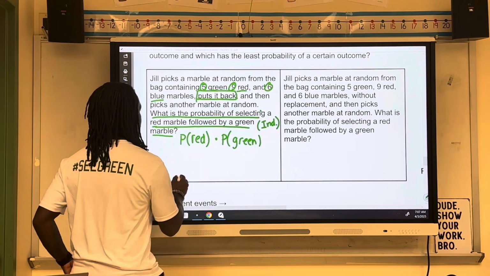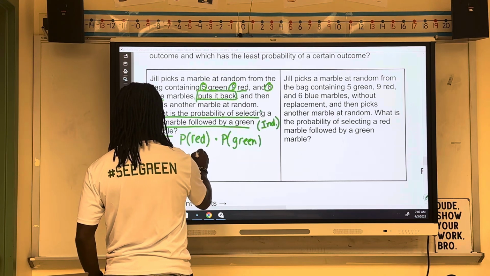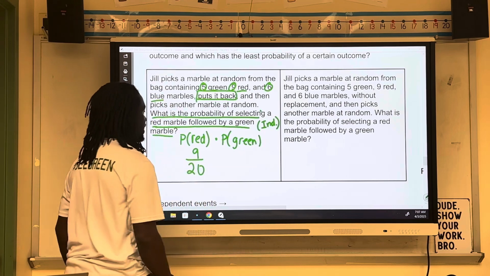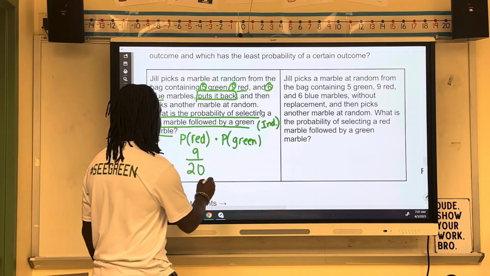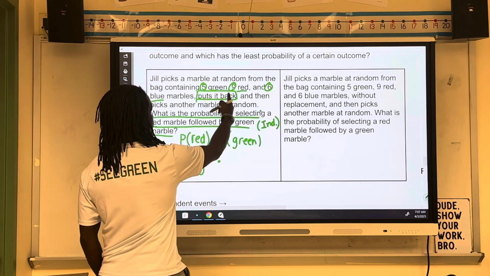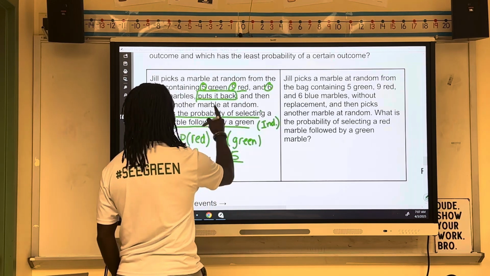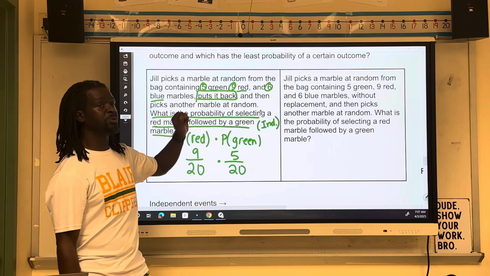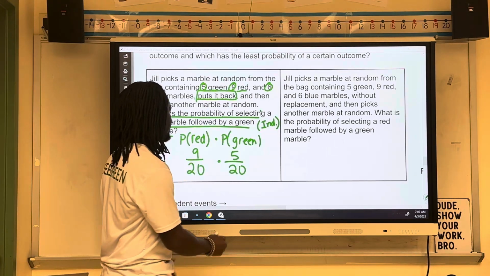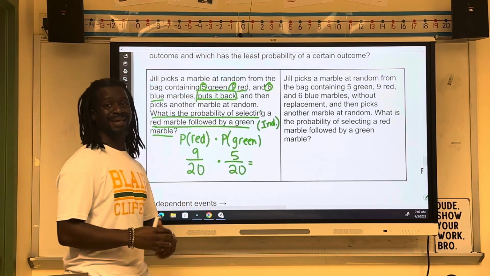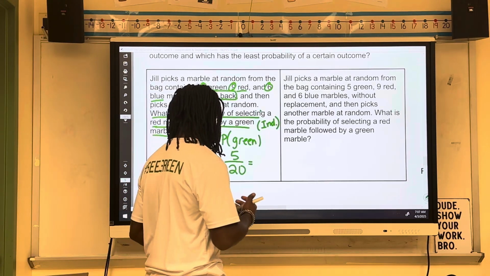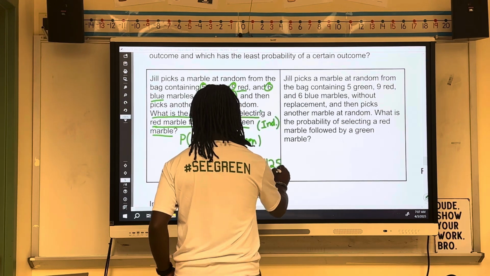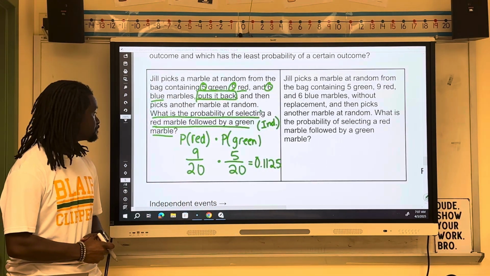So the probability of getting a red is 9 out of the total, 20. The probability of getting a green is 5 out of 20. Again, I still have 20 because she put it back. When I multiply these, I can just use my Desmos calculator, and I'm going to get 0.1125 as my probability.